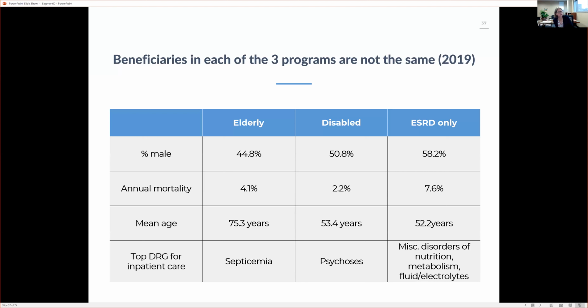If you look at ages, for the elderly the mean age is 75 years, whereas for the disabled and end-stage renal disease the mean age is in the 50s. If you look at the top DRG, for the elderly it's septicemia, for the disabled it's psychoses, and for end-stage renal disease it's miscellaneous disorders of metabolism, fluid, and electrolytes, which is where all of the dialysis falls. So you can see these are different populations with very different profiles.